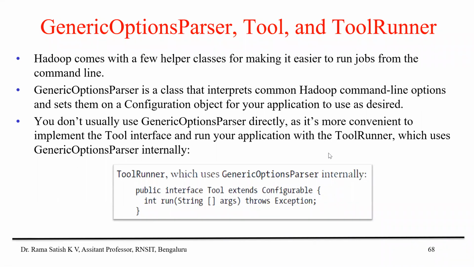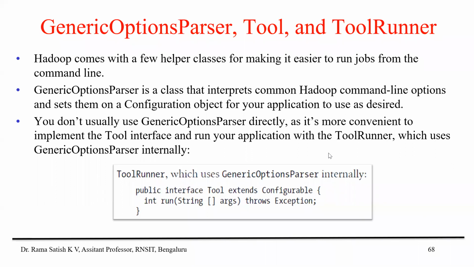One among them is GenericOptionsParser. It's a class that interprets common Hadoop command line options and sets the configuration objects for the application as desired.